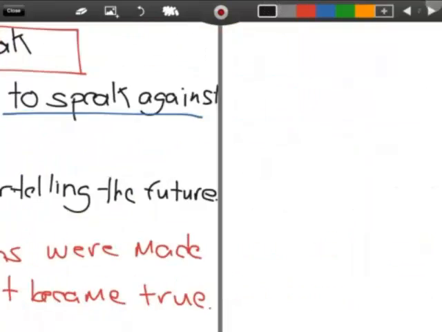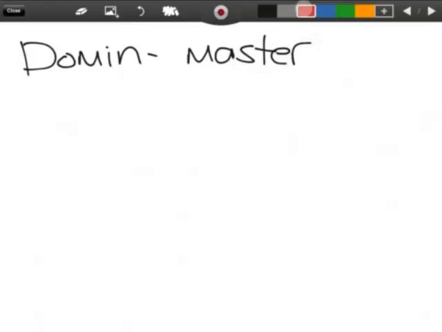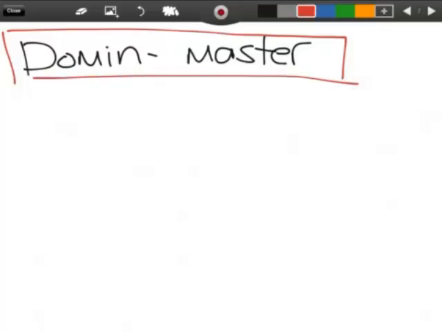Moving on to our next root, which is domin. Domin, meaning master. This is not a widely used root, so I'm going to put that in a box. I'm going to be giving you only one example for this root, and that is dominate.